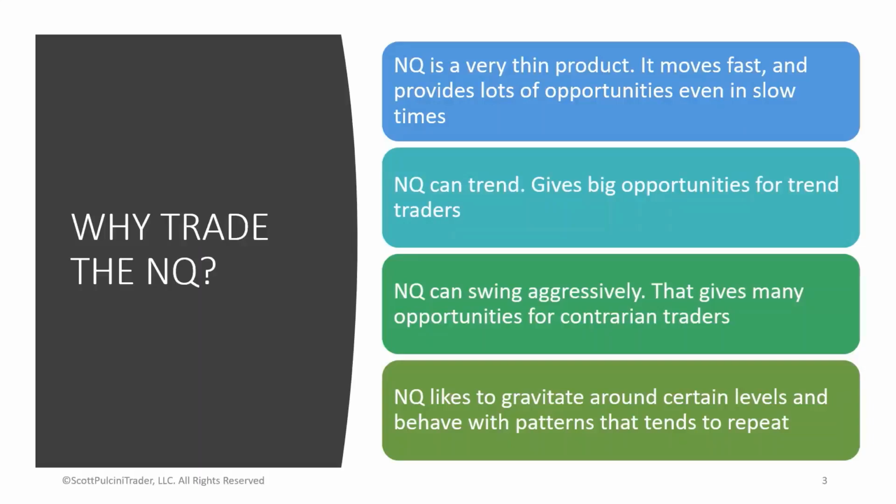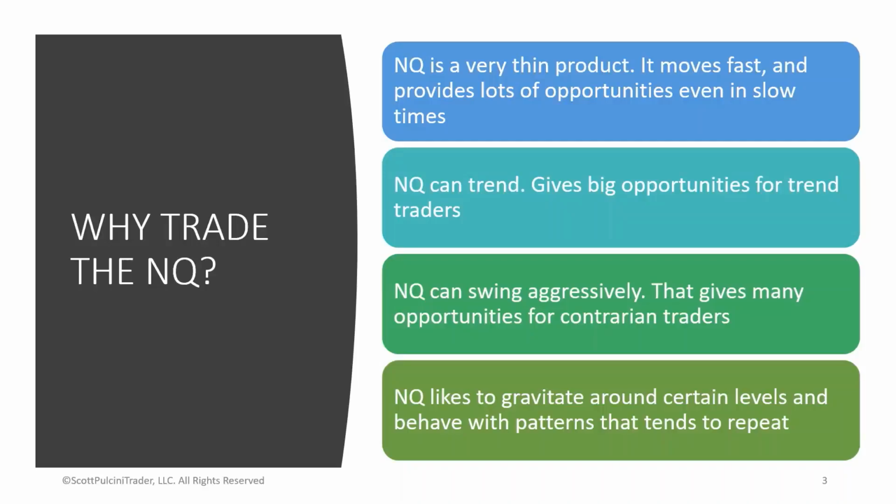So why trade the NQ? The NQ is a very thin product, meaning it's not a whole lot of liquidity. There's enough liquidity to trade and to get filled, plenty of positions, plenty of size, but in general it's very thin, so it moves very fast. But there are a lot of opportunities even in slow times, in low volatile markets.